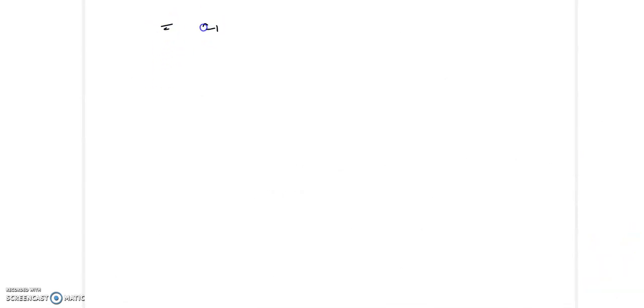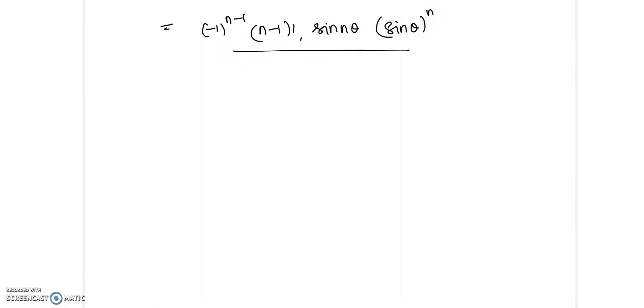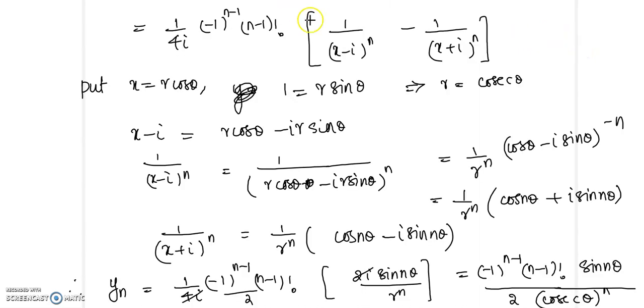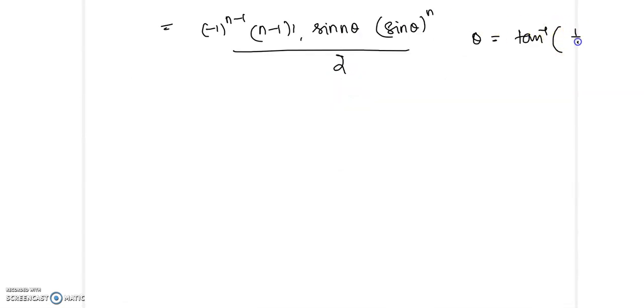So that will be equal to minus 1 power n minus 1, n minus 1 factorial, sin n theta, sin theta whole power n by 2, where theta will be tan inverse of, taking sin theta by cos theta, we get 1 by x. So that will be cot inverse x. So this is the required value.